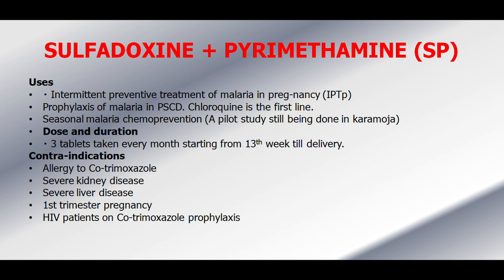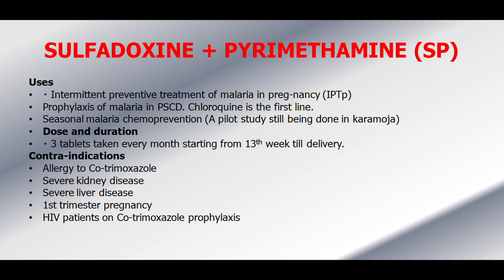What are the contraindications? Number 1, allergy to cotrimoxazole or sulfadoxine or pyrimethamine. Then 2, severe kidney disease, severe liver disease, first trimester pregnancy. Sulfadoxine and pyrimethamine is not given in first trimester. And lastly, HIV patients on cotrimoxazole prophylaxis.